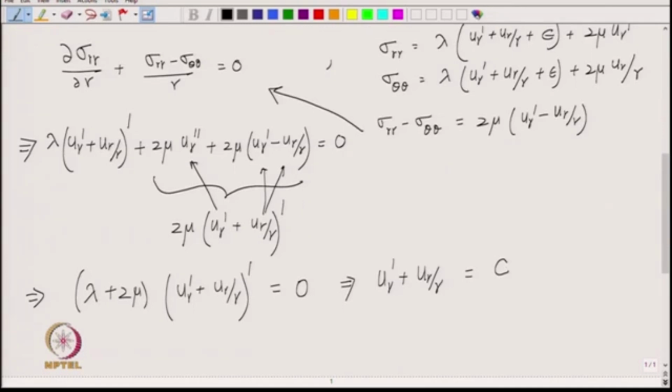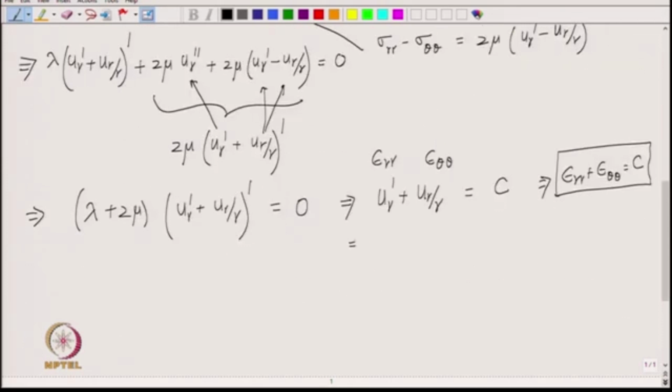You see, u_r' is epsilon_rr and u_r by r is epsilon_theta theta. So, this also tells us that the radial strain plus the hoop strain is equal to a constant. Anyway, let us proceed further.